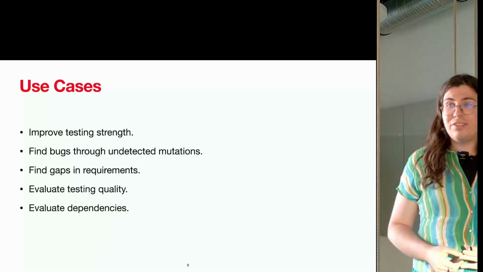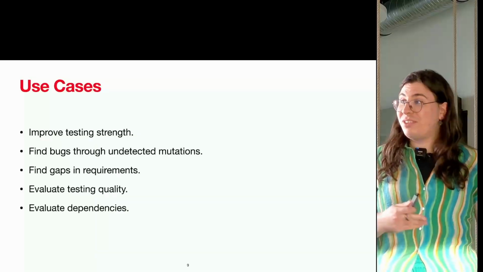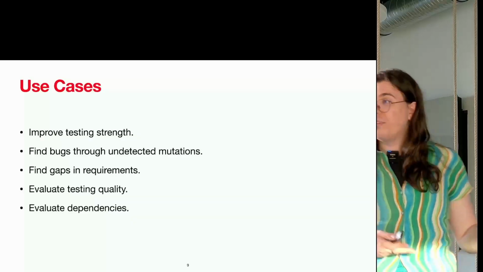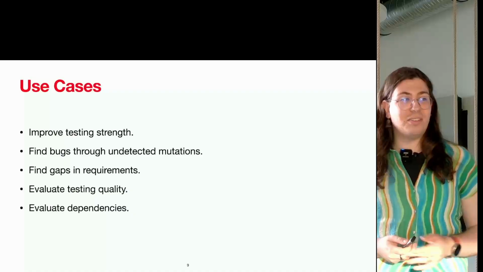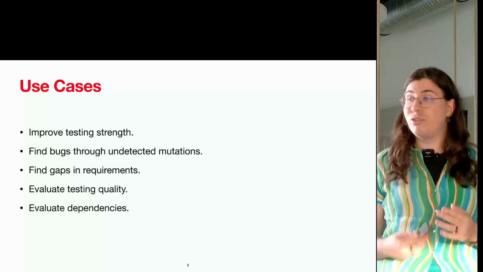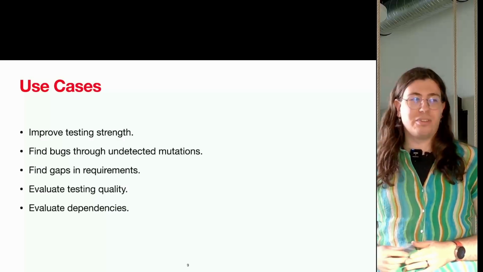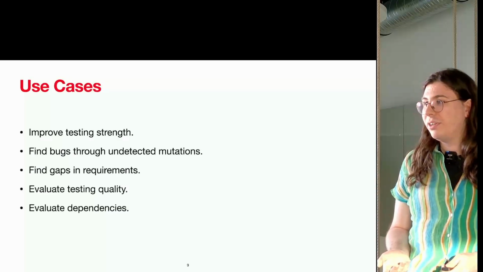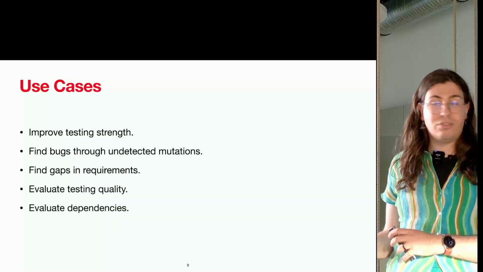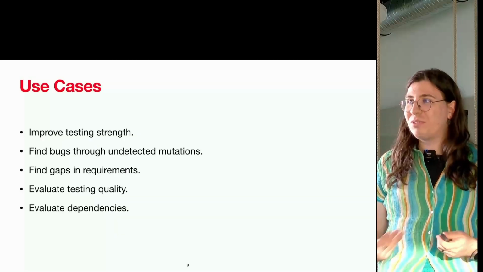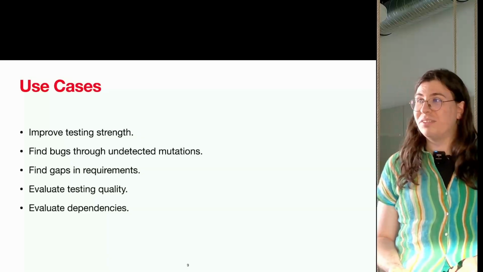Another interesting use case is you can use mutation testing not just on your own code, but on the code of others just as easily. So you can, for example, use it to evaluate dependencies. This is, again, especially important in some more controlled environments, for example, safety-critical environments, where every single decision around which dependencies to use or not use involves quite a lot of process, rightfully so.